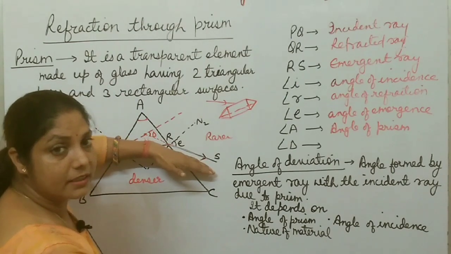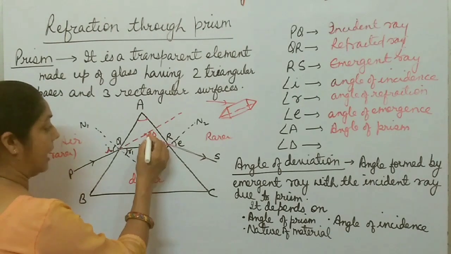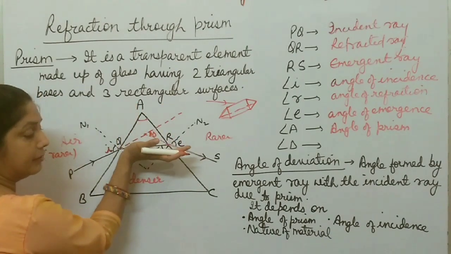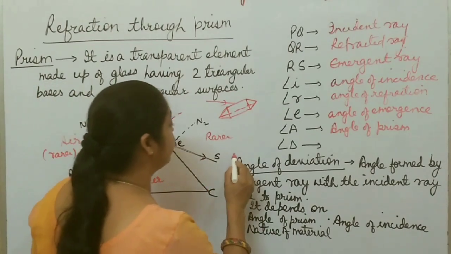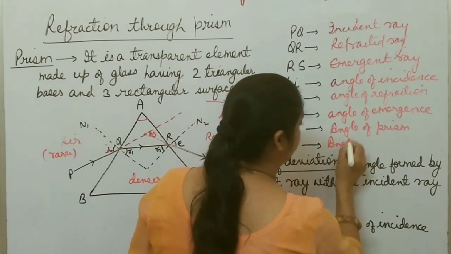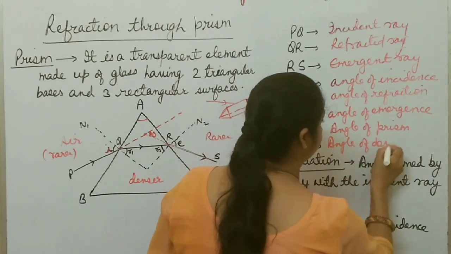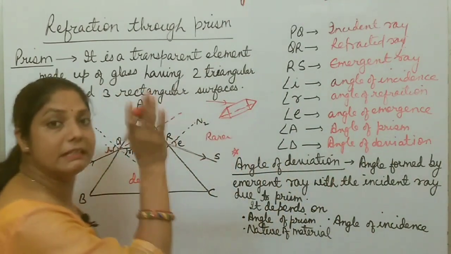So there is a deviation of path, and the angle between the incident ray and the emergent ray is called the angle of deviation. This term is very important, angle of deviation. Angle D is the angle of deviation. It means light deviates from its original path. Original path means the incident ray.